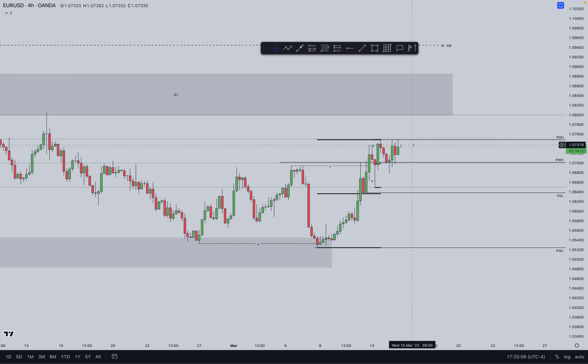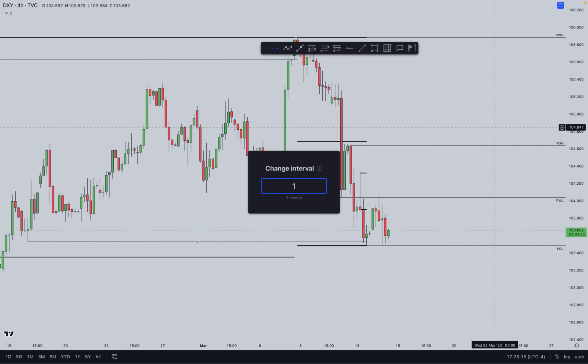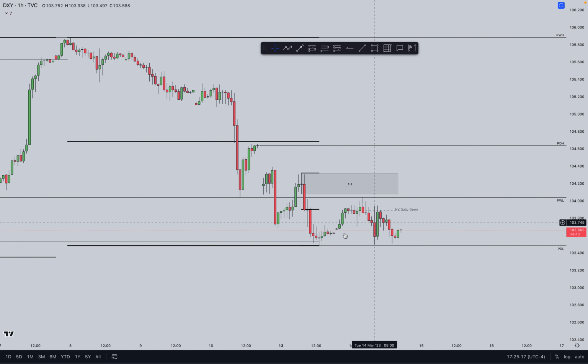And let's move over to DXY just to build that story even more. So on DXY also, you can see here it's left this low intact and it's left these here at the moment.